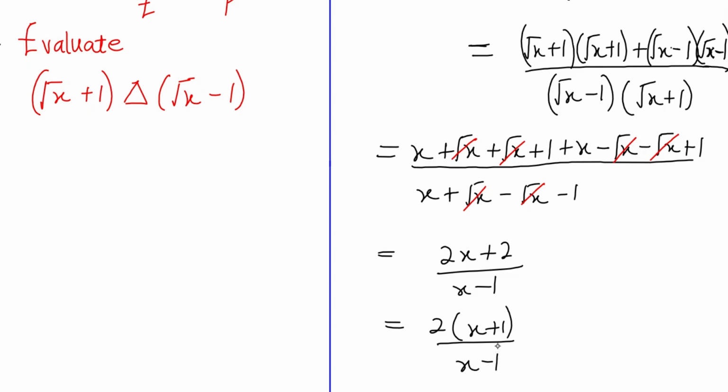And this becomes the solution to our question, square root of x plus 1 delta square root of x minus 1. So basically, this ends today's video and the set of examples for binary operation.